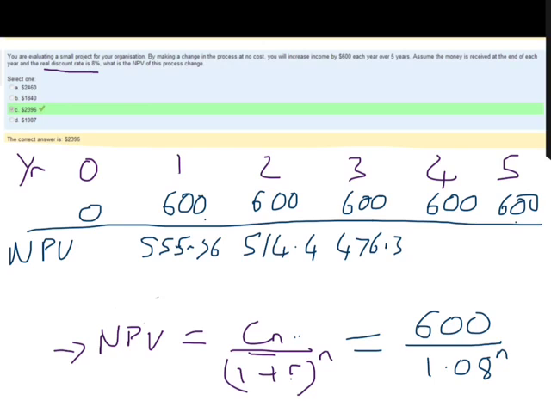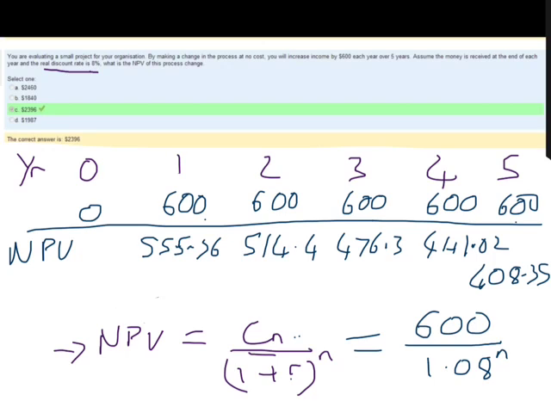We've got 600 divided by 1.08 to the 4, it's going to be $441.02. I don't have enough space for the last one. 600 divided by 1.08 to the 5, and that's going to be $408.35.